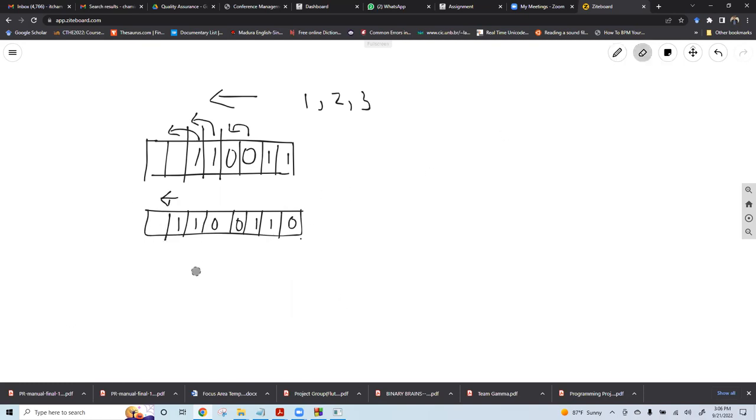By default, 0 would be added. This is called left shift.